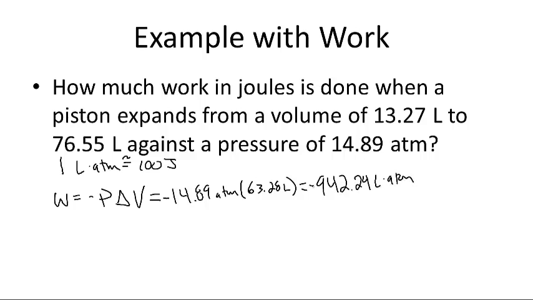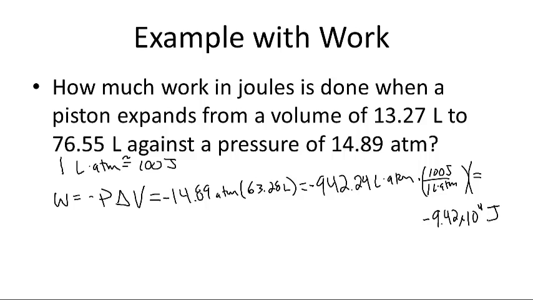And that's going to be negative in this case. So then we multiply it by 100, right? And then if we want it in, oh yeah, we just want it in joules. So you should get negative 9.42 times 10 to the 4th. All right.